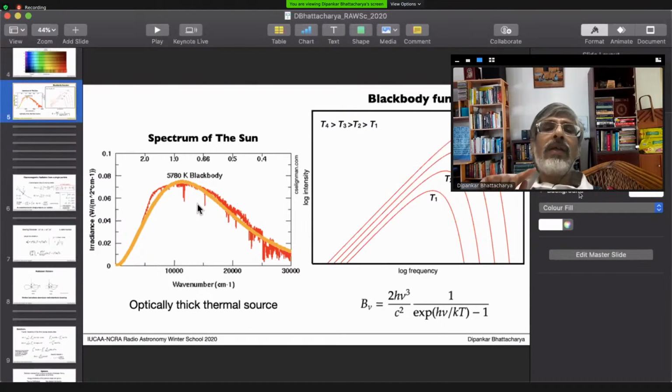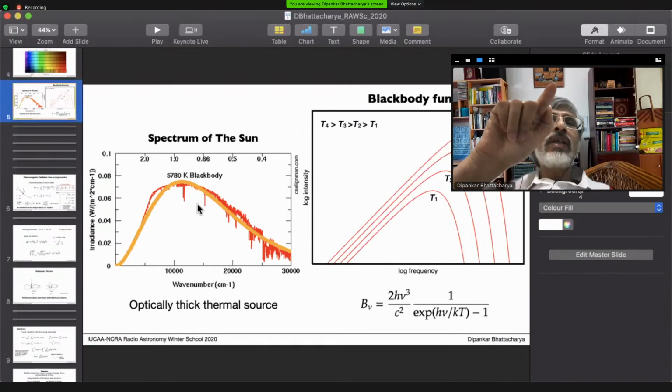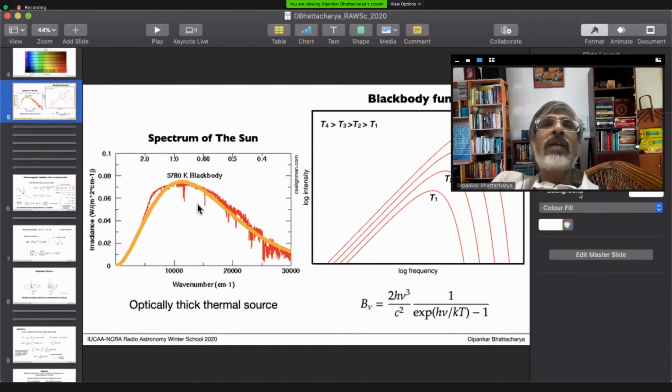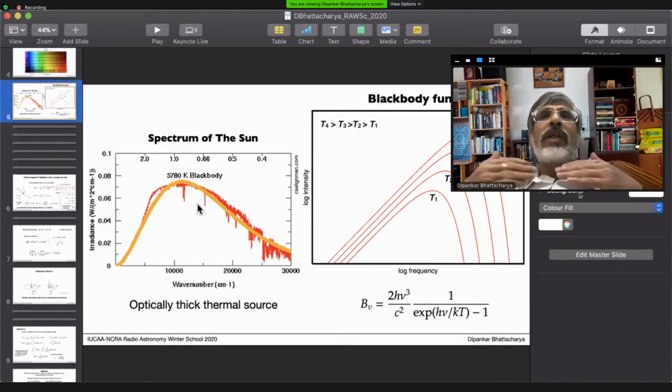Then your line of sight is going from outside, and you keep going in, and you will encounter more and more material. It starts with the atmosphere, which is the outermost part of the sun.